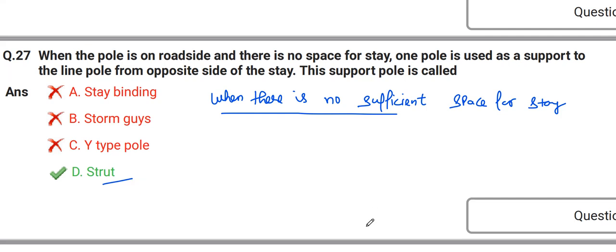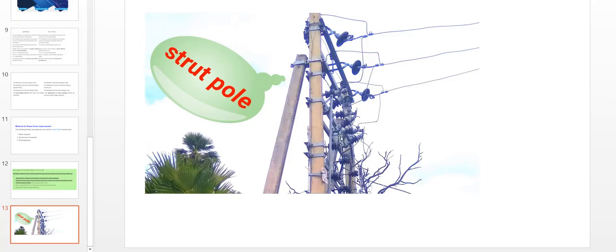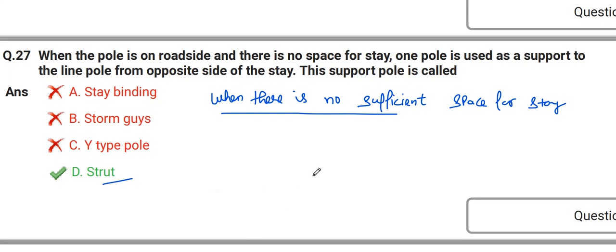I am showing you a figure of a strut pole. The back one is clamped with the main poles. That strut pole is supporting the main poles when there is not sufficient space for the stay poles.